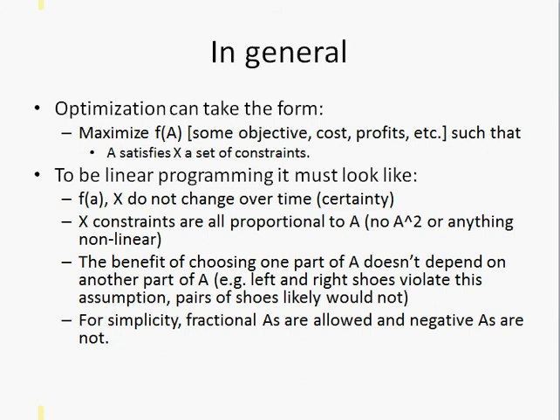So in general, when we think about resource allocation in the linear programming context, there must be some kind of objective that we're maximizing. So if we think about profit, perhaps there's a choice between several different kinds of products we could offer, or different prices we could charge for the same product.